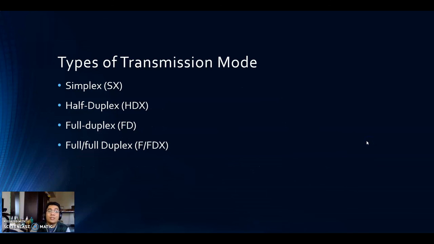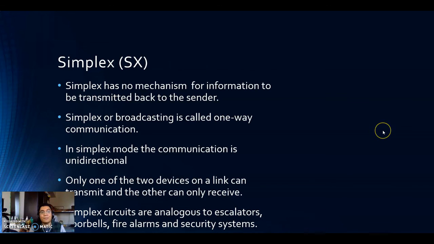In transmission mode, there are 4 types: simplex, half duplex, full duplex, and full/full duplex or F/FDX. Simplex has no mechanism for information to be transmitted back to the sender.